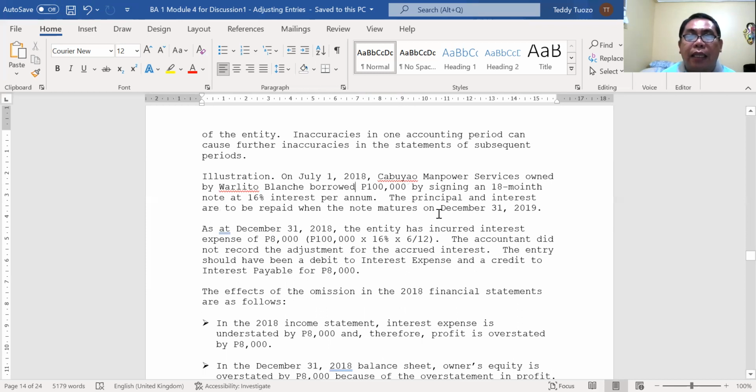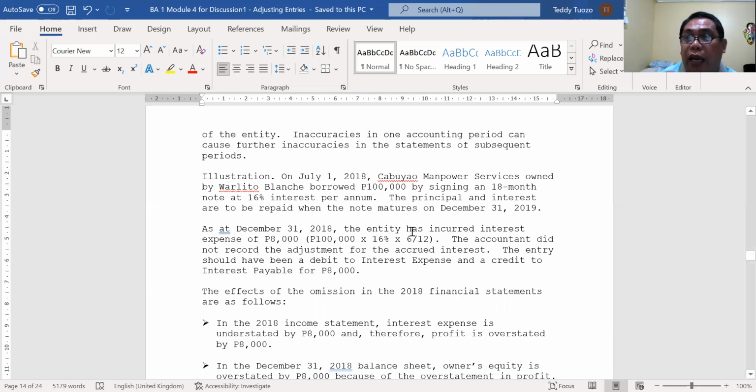By signing an 18-month note at 16% interest per annum. The principal and interest are to be paid when the note matures on December 31. So as of December 31, the entity has incurred interest expense of 8,000.